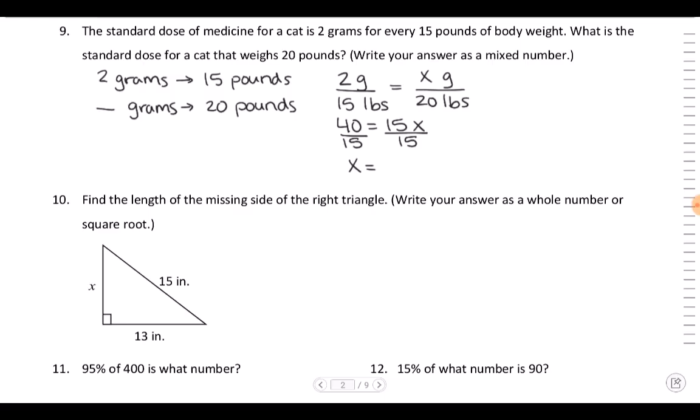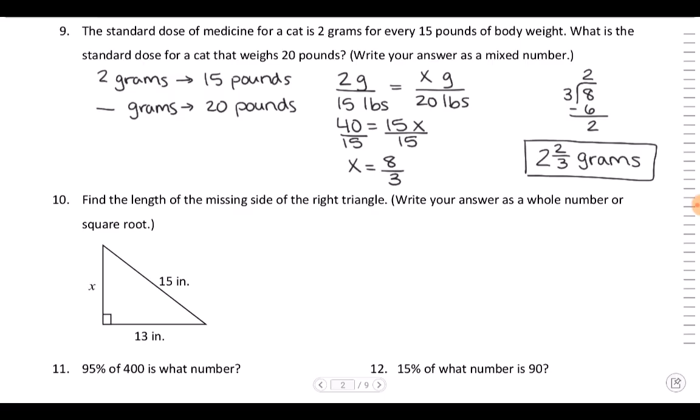So if I can divide both the top and the bottom here by 5, that's going to give me 8 over 3, right? 40 divided by 5 is 8, 15 divided by 5 is 3. Now as a mixed number, I would say 8 divided by 3. 3 goes into 8 2 times. 2 times 3 is 6. And then we have a remainder of 2. So 2 and 2/3 would be our mixed number. And we are looking for grams. 2 and 2/3 grams.